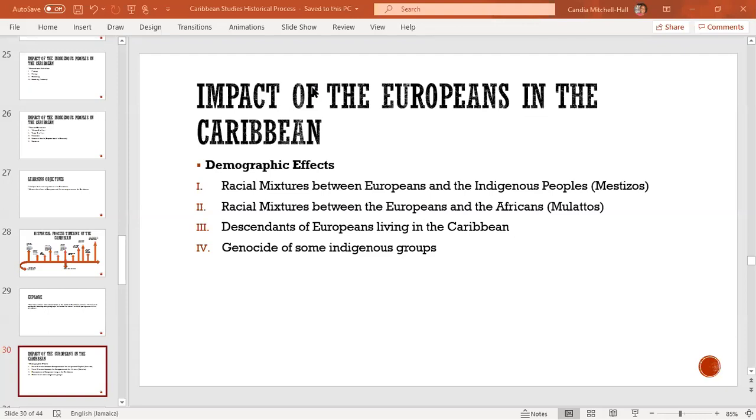For example, Columbus, I believe in his diary it was alluded to that Africans were on his ship when he came. He had a few Africans on his ship, what was that group name again? The Moors, right?